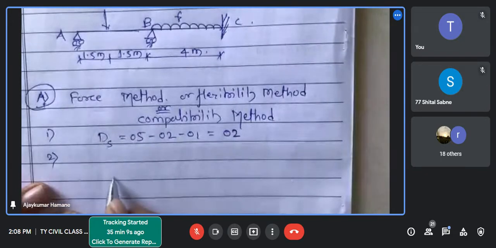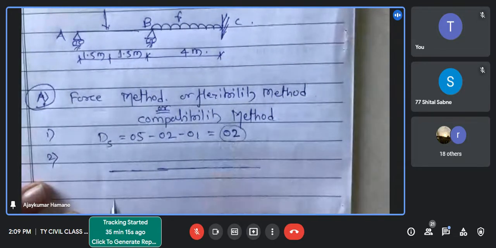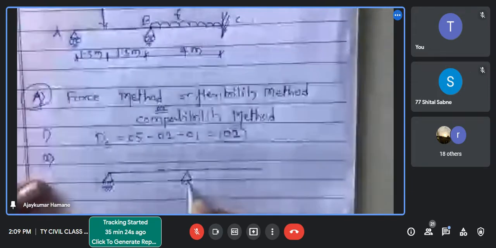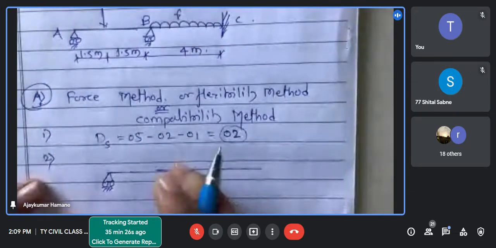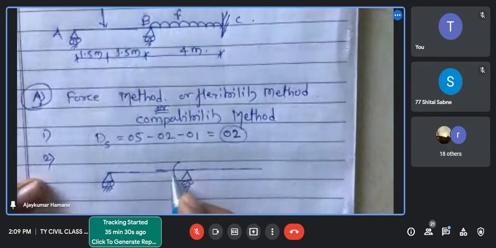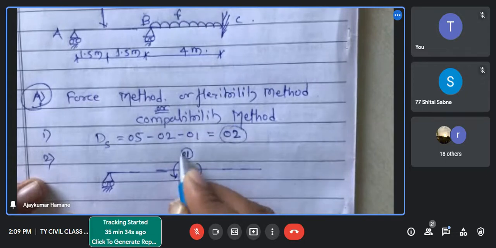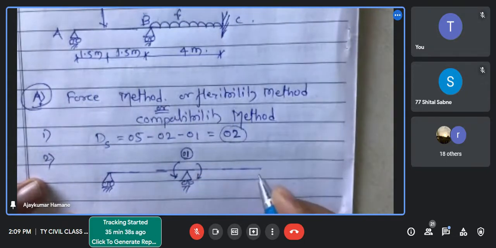We have to choose two redundants only. We have a roller support, and I will choose the redundant here. Here we have the moment, so that moment I will choose as the first redundant and give the coordinate name 1.